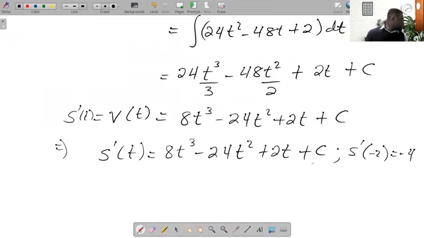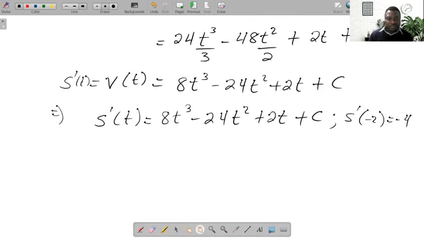So if that is the case, it means that anytime I plug in -2 for t, then my s prime of t becomes -4. So basically this is going to be -4 is equal to, anywhere else that I have a t, I put -2 there.